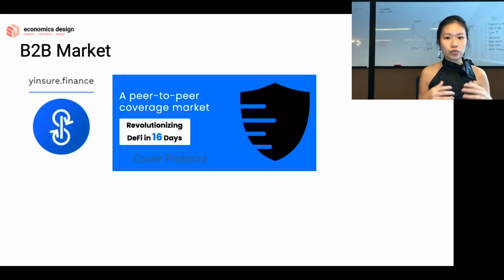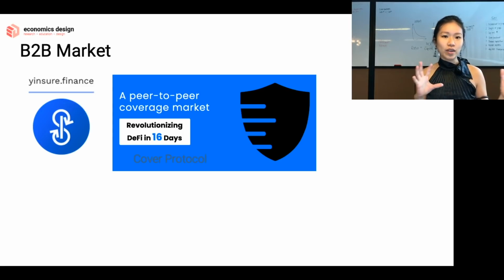In the B2B market, Nexus Mutual provides insurance, and sometimes this insurance is not just for users, but other protocols can also tap into it. Currently there are two systems that white label Nexus Mutual's insurance, reselling it in a different way to their users or network.